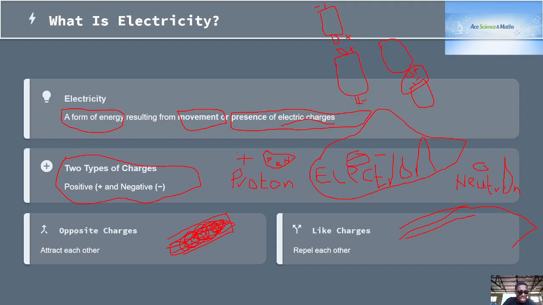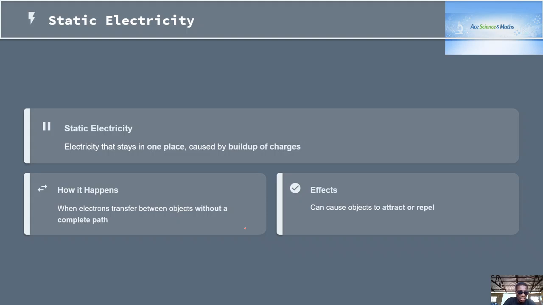So this is the concept of electricity we are talking about. Remember that in this lesson we are only going to focus on static electricity. All right, so let's move on to look at what static electricity is all about.